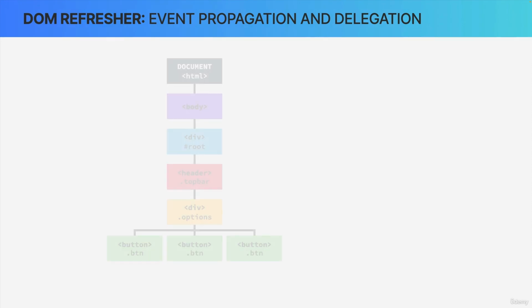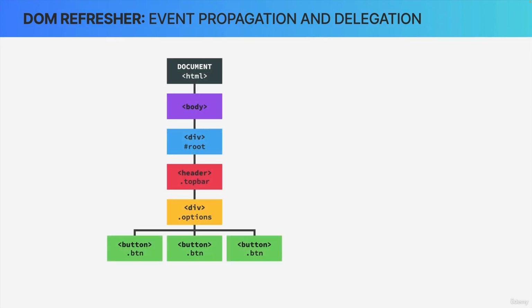So let's consider this tree of DOM elements. And note that this really is a DOM tree, so not a fiber tree or a React element tree. And now let's say that some event happens, like a click on one of the three buttons. And so here is what's gonna happen in the browser. As soon as the event fires, a new event object will be created, but it will not be created where the click actually happened.